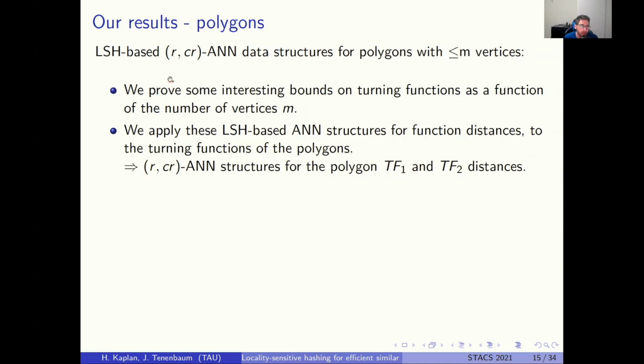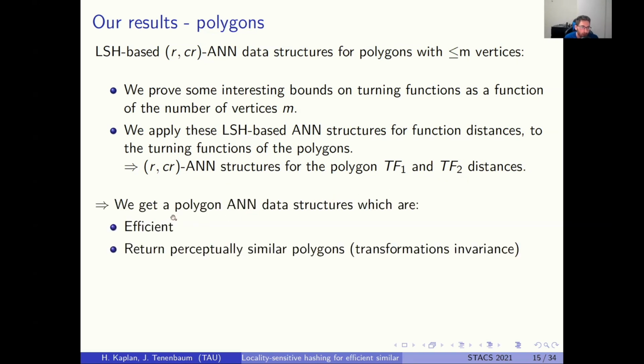For polygons, we also give (R,CR)-approximate near neighbor data structures for polygons with a bounded number of vertices. We first proved some interesting bounds on the turning function of polygons with at most m vertices. Next, we apply the previous LSH-based approximate near neighbor structures from functions to the turning functions of the polygons to get (R,CR)-approximate near neighbor structures for the polygon turning function L1 and L2 distances.